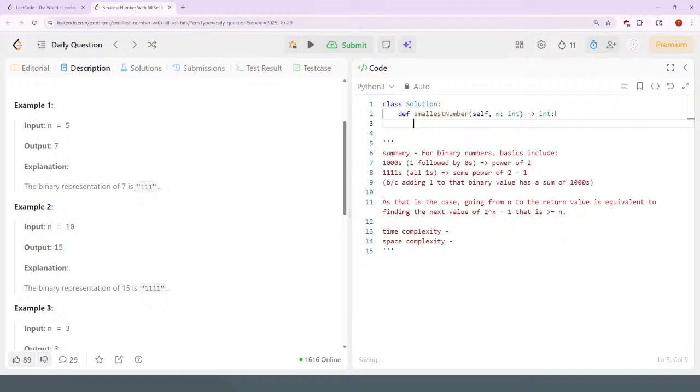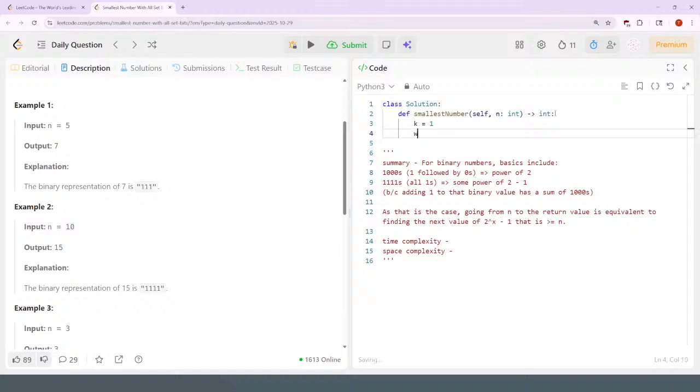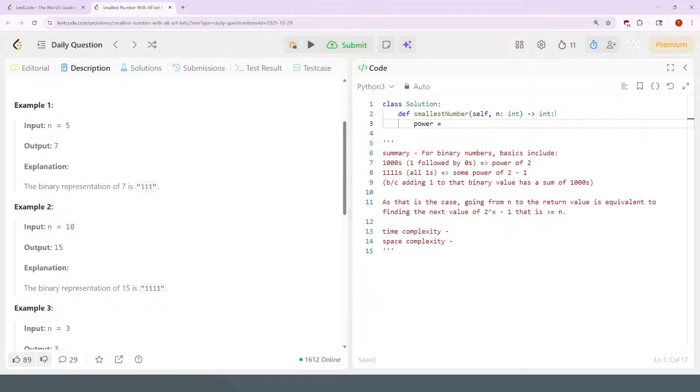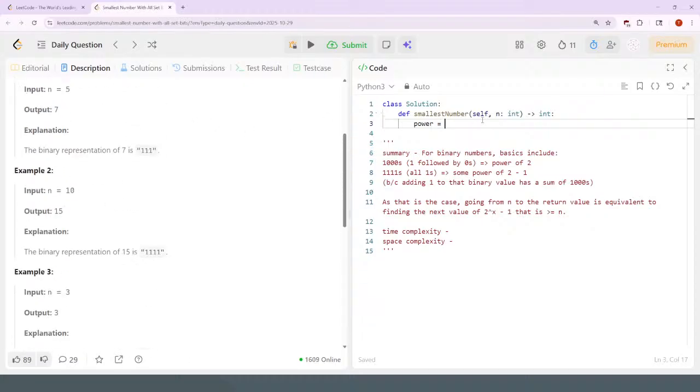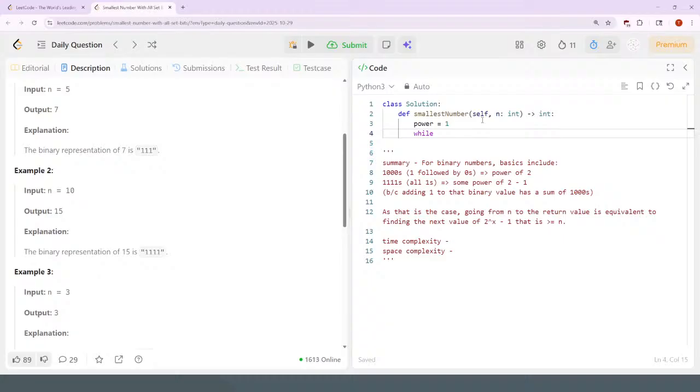So let's say power equals 1. I don't want to do exponentiation each time, actually. I just want to do doubling.